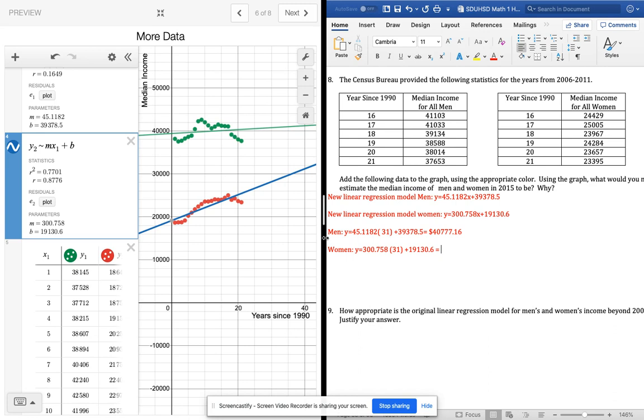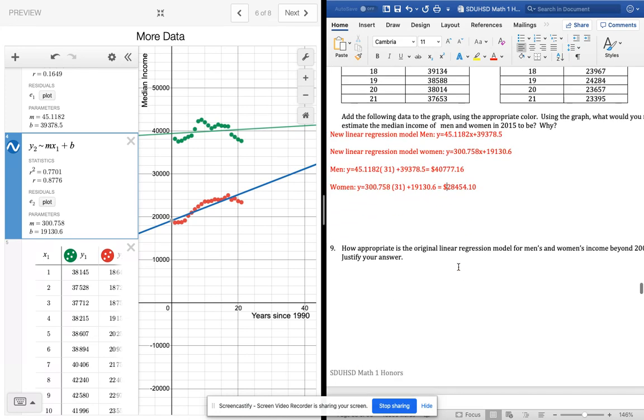So 300.758 times 31 plus her starting income equals $28,454.10. So if we're using this new model, these will be the estimates for 2015.